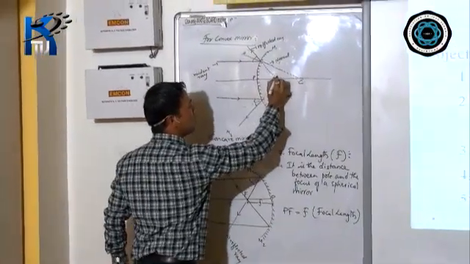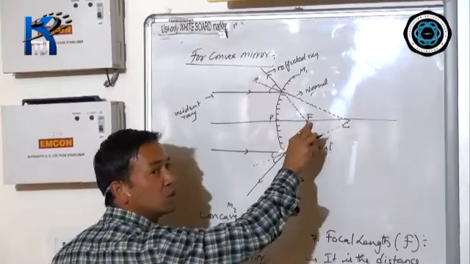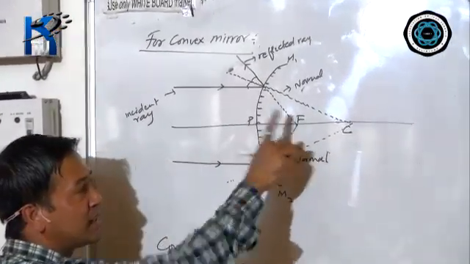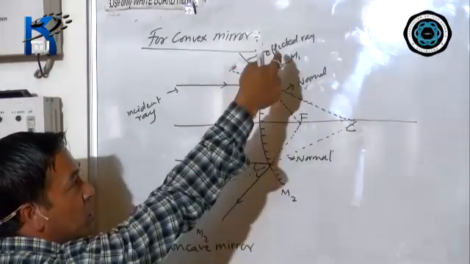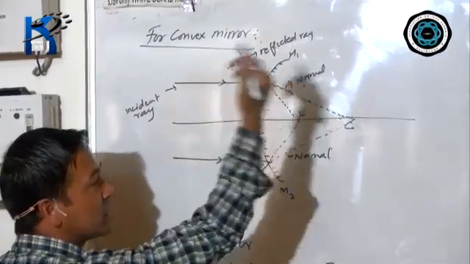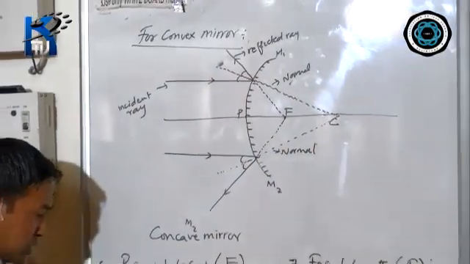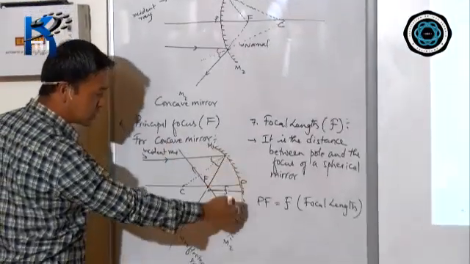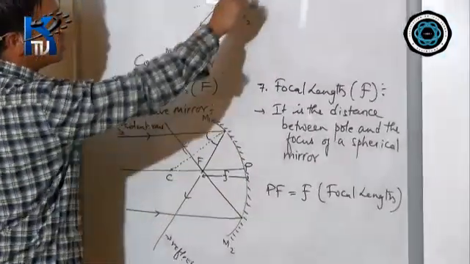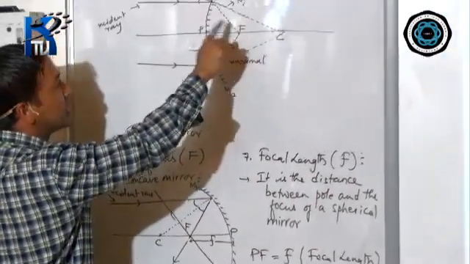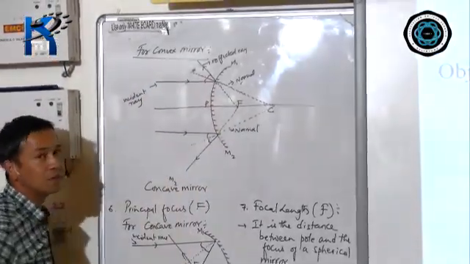This point is now defined as the principal focus. You can clearly see in the diagram that the principal focus for a convex mirror lies on the right side, whereas the principal focus for a concave mirror lies on which side? Left side. Now I'll define the principal focus for a convex mirror.